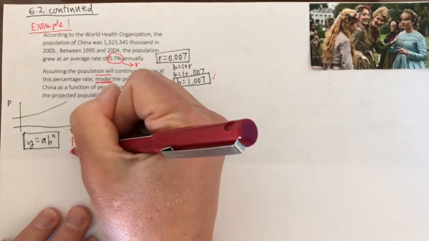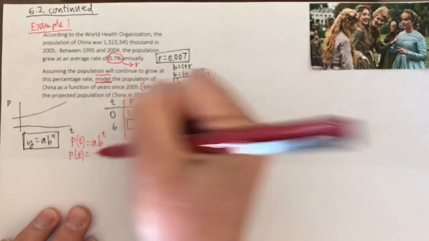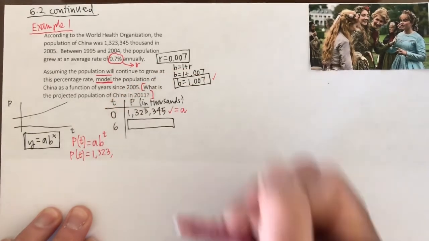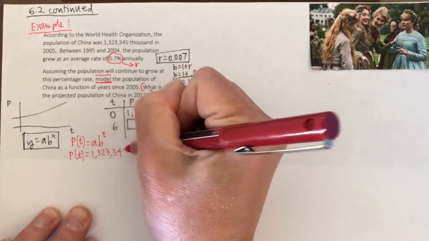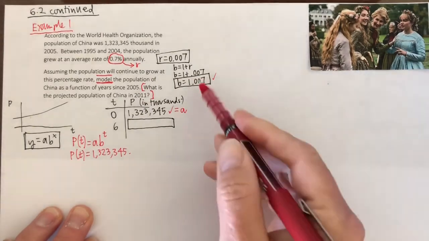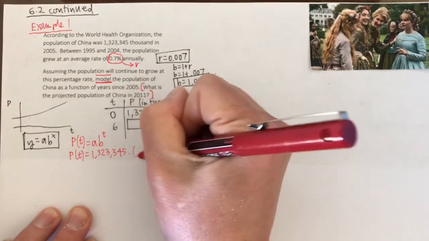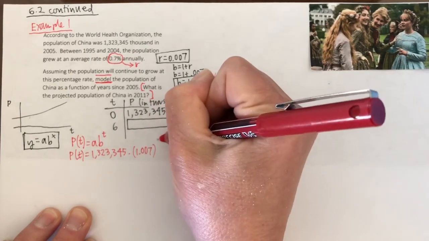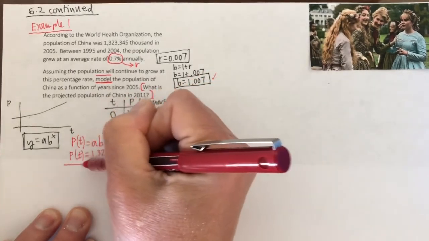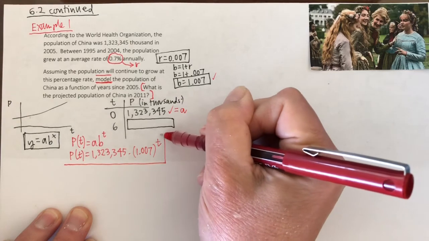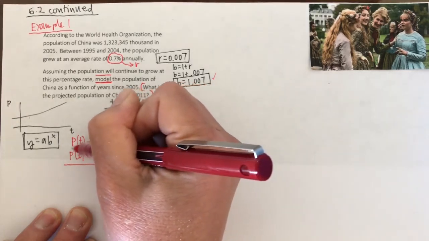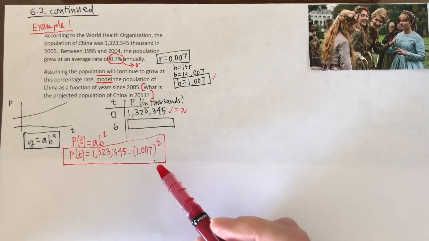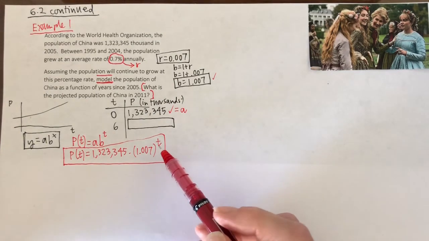So p of t is going to be 1,323,345 times, and b is right here, 1.007 raised to the t power. This will give the population of China in thousands as a function of years since 2005.